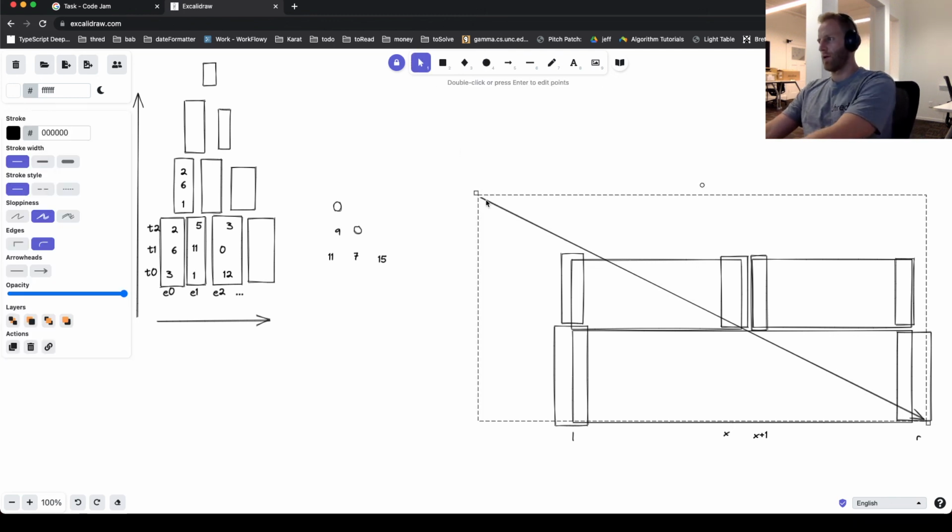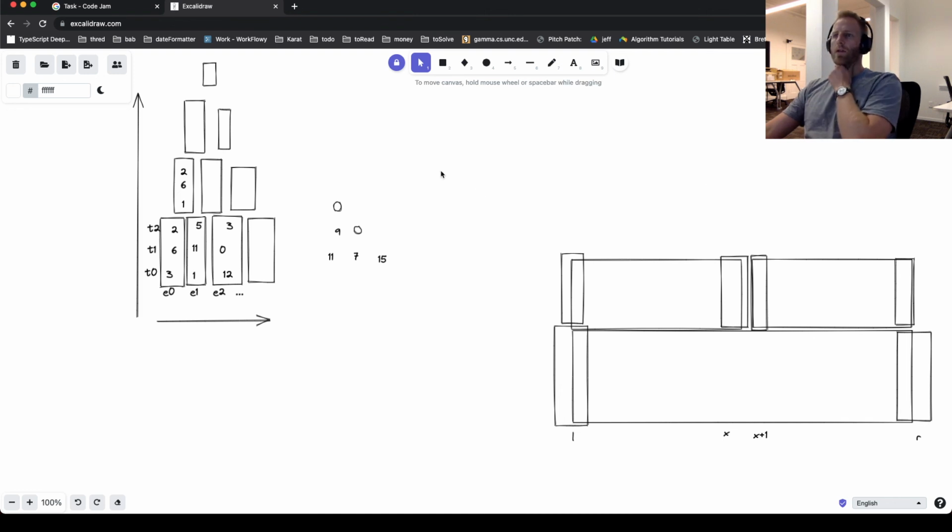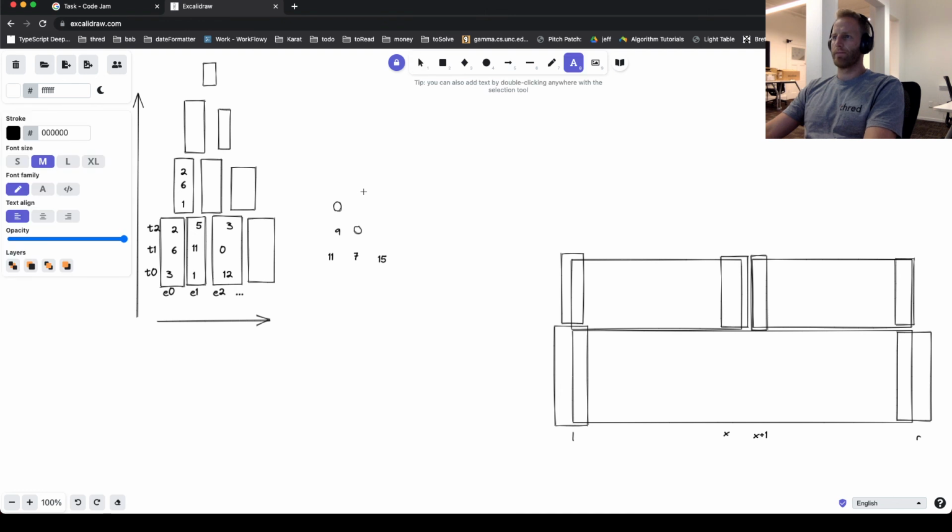So this array. Cool. So I'll just call this size L R equals how many weights are in common between L and R, inclusive.